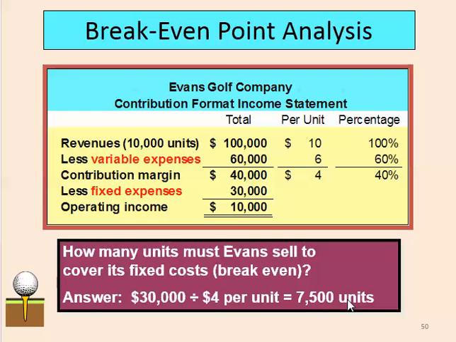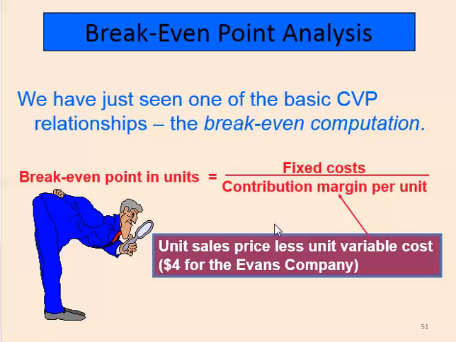7,500 units. So the basic calculation for figuring break-even point in units is to take the fixed cost, which you saw just a second ago, divided by the contribution margin per unit.